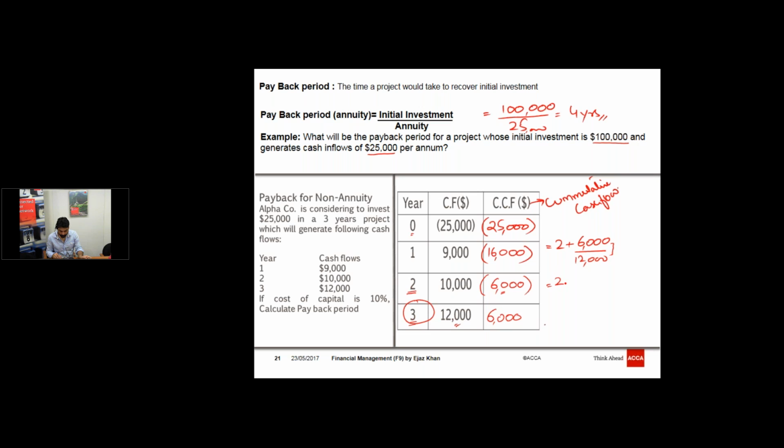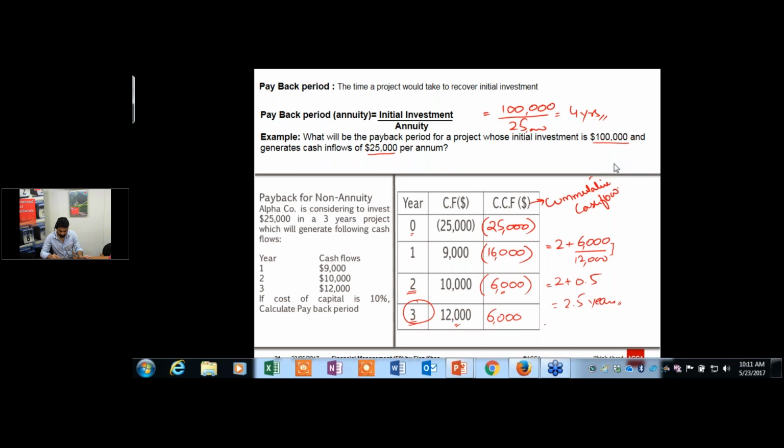So it took 2.5 years to cover this investment. So the payback period for this non-annuity project is 2.5 years.